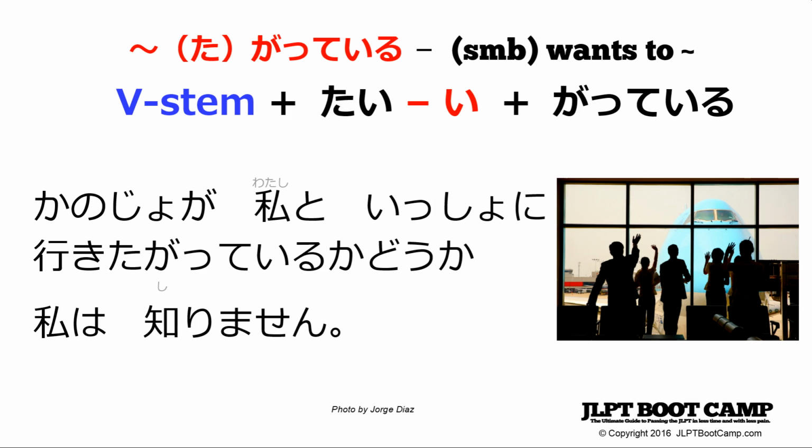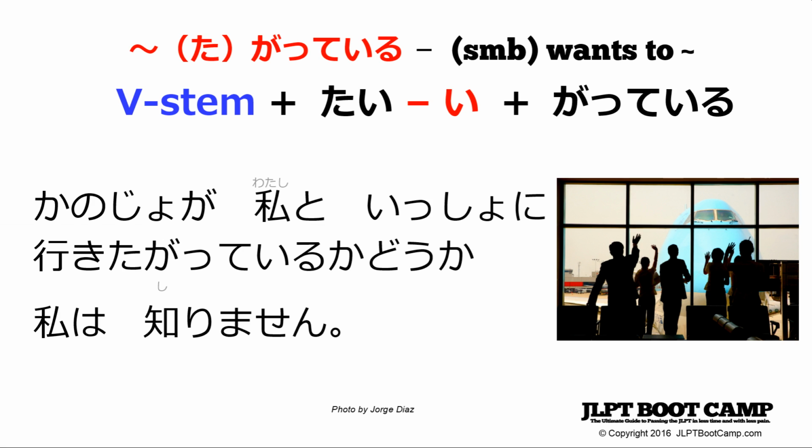And this is kind of a unique thing in Japanese where it's considered a little bit too direct or too rude to assume what somebody else wants. So you have to talk about it in a more indirect way, talk about appearances, instead of just saying, well, he wants this. That's a little too direct in Japanese. So instead of that, you need to talk about the appearances.